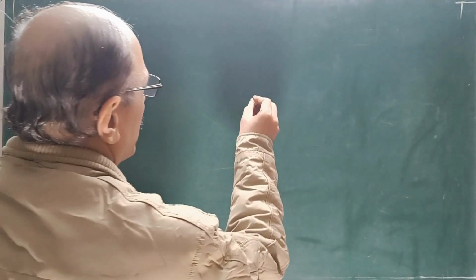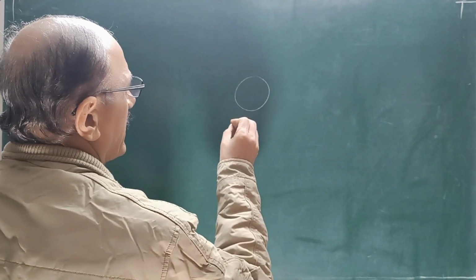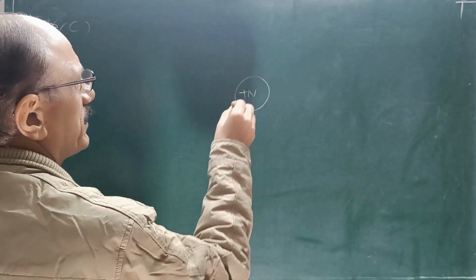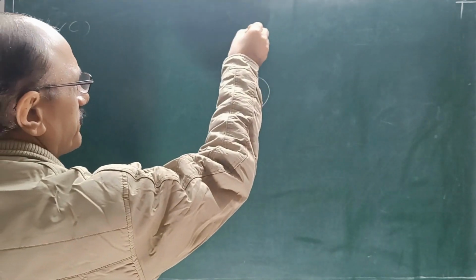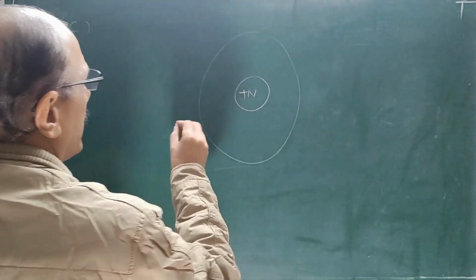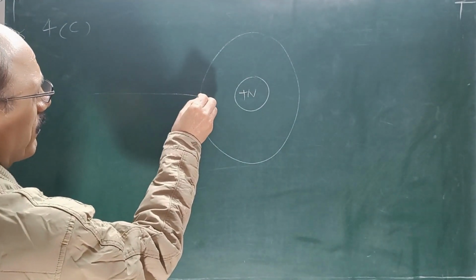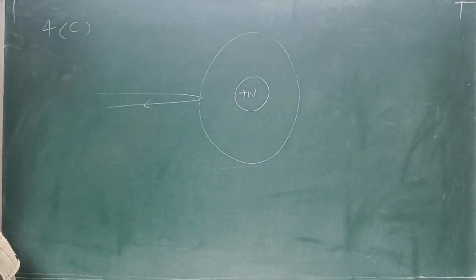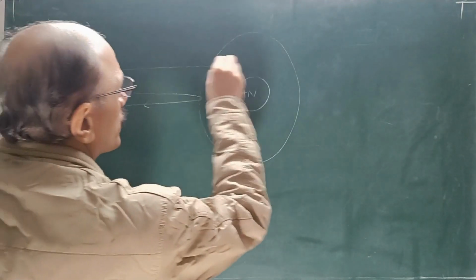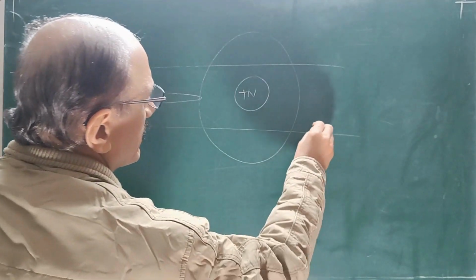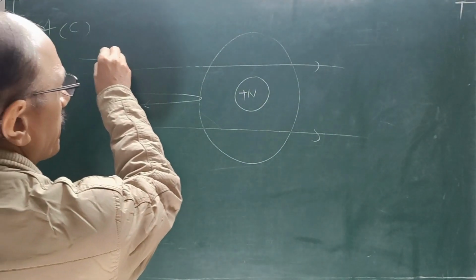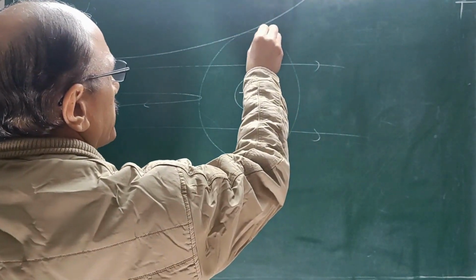In the case of Rutherford's experiment with alpha particles, this is the nucleus, which is positive. You have seen that a few alpha particles got reflected because of the positive charge of the nucleus, and most of the alpha particles pass through the atom and some got deflected like this.